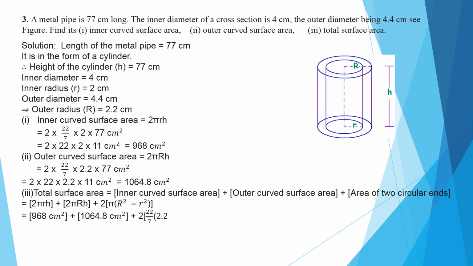So just substitute all those values, 968 plus 1064.8 and 2 times 22 by 7, 2.2 whole square minus 2 whole square. On calculation, we are getting 5.28. On adding up all, we are getting 2038.08 centimeter square. In this way, we will calculate the total surface area of this.